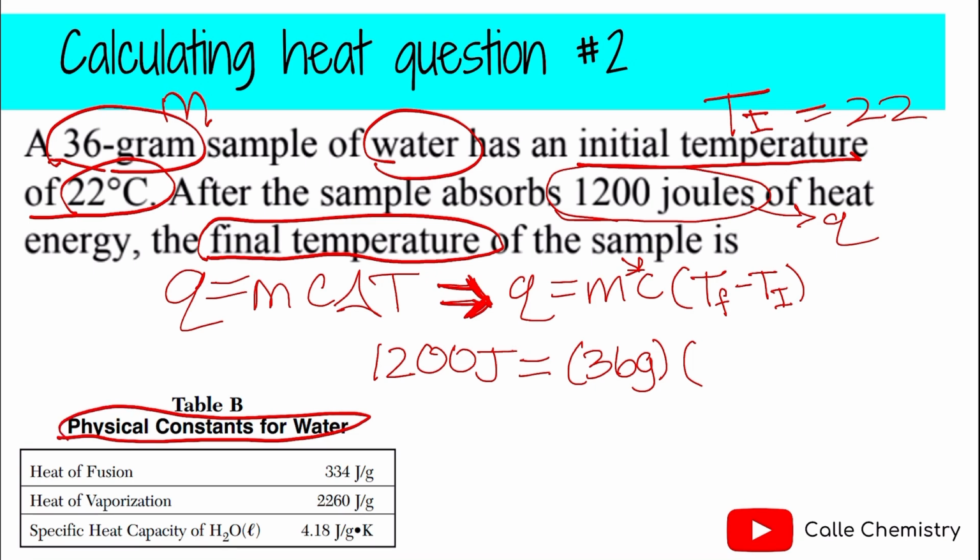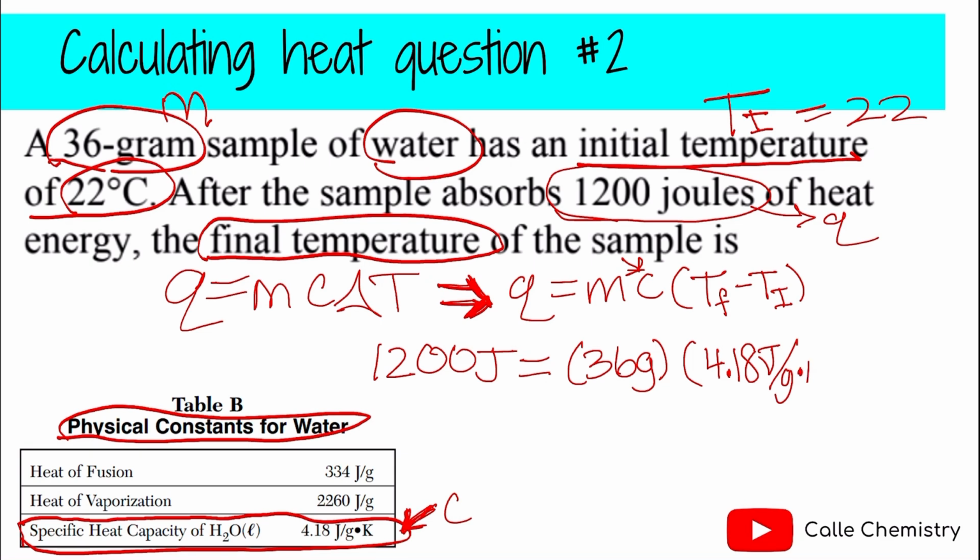The specific heat capacity of water, which is c, is 4.18. So this is c right here. They expect you to find it on the reference table. So c is 4.18 joules per gram times Kelvin.